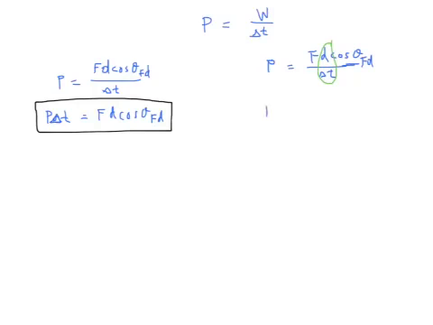Distance over time is speed. So power is F times the speed, times the cosine of theta. It's not Fd anymore because d is no longer in the equation. Instead, it's Fv.